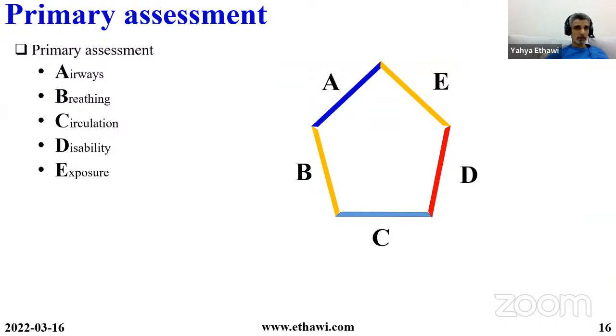And remember we said primary assessment includes airway, breathing, circulation, disability, and E. So A, B, C, D, E, and some people include F, we will be talking about. But right now we will be talking about the primary assessment one by one.